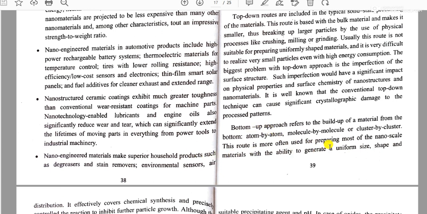Since we are preparing these nanoparticles atom by atom, molecule by molecule, the result is that we are able to generate uniformly sized, uniformly shaped or uniformly distributed nanoparticles.